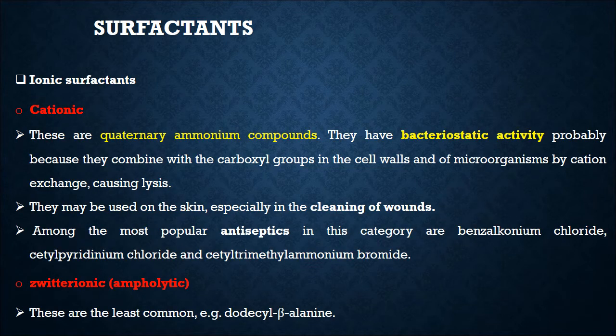For cationic surfactants, these are chiefly quaternary ammonium compounds. They have bacteriostatic activity, probably because they combine with the carboxylic group in the cell wall of microorganisms by cation exchange, which causes lysis of the cell.